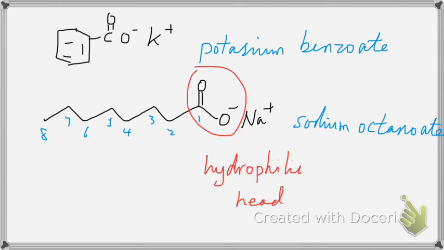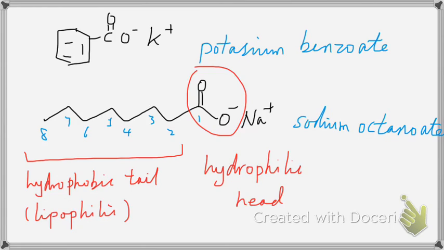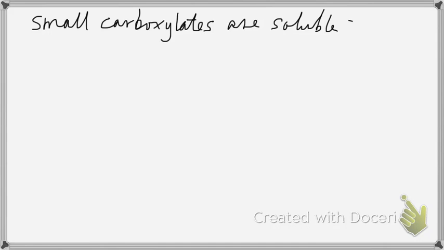What's circled here is what we call a hydrophilic head, and then we also have this hydrophobic tail, or we can also call it lipophilic. For small carboxylates, because they have the hydrophilic head, they are soluble in water.